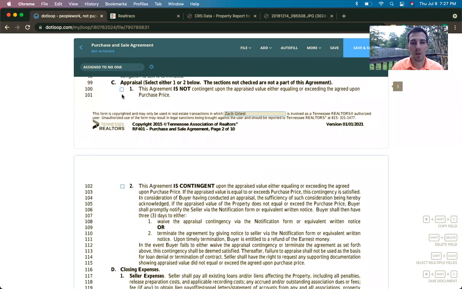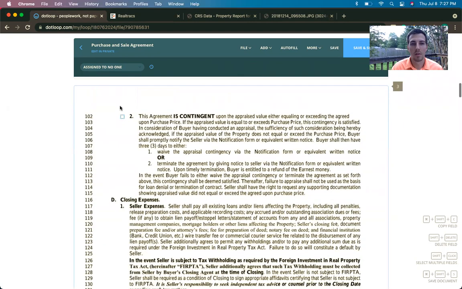Appraisal. So here you can say this agreement is not contingent upon the appraised value, or this agreement is contingent upon the appraised value either equaling or exceeding the agreed upon purchase price. If the appraised value is equal to or exceeds purchase price, this contingency is satisfied.